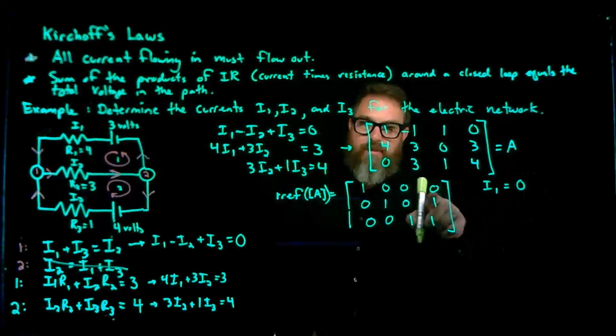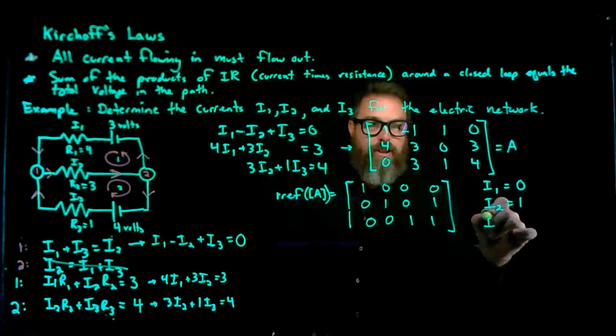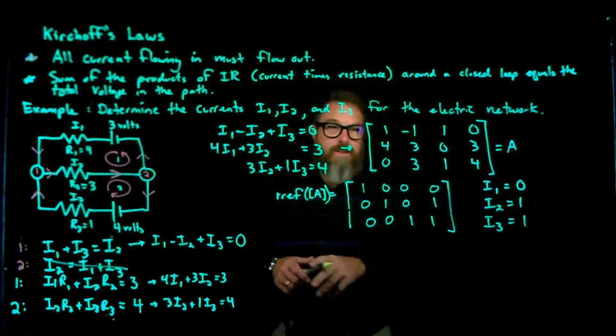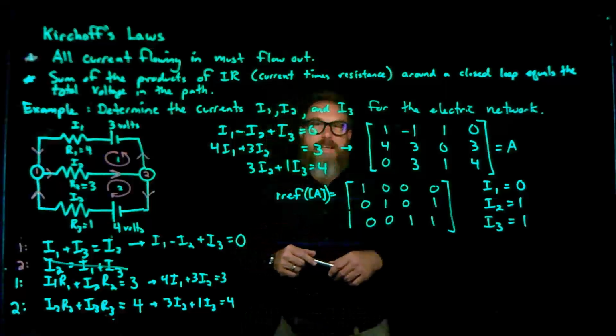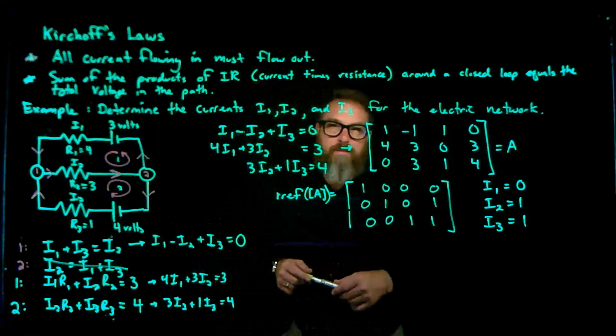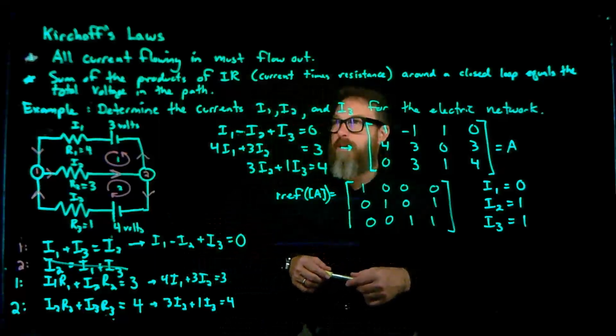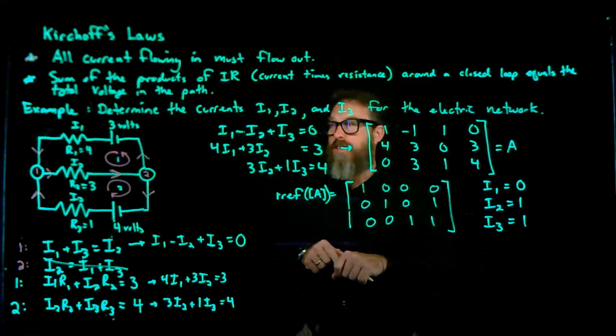That's kind of interesting. I2 is equal to 1. And then I3 is also equal to 1. What a boring answer. But it is what it is. And on the next example, maybe we'll do 3 loops to get something a little more interesting than this. But that's what it was asking us to find, is find I1, I2, I3.